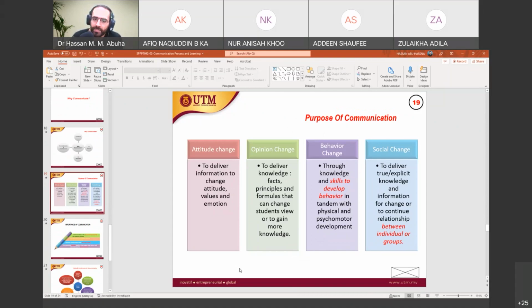Behavior change, through knowledge and skills to develop behavior, whether physical or non-physical skills. And then finally social change, to deliver explicit knowledge and information to change or continue a relationship between individuals, to be able to argue with other people.